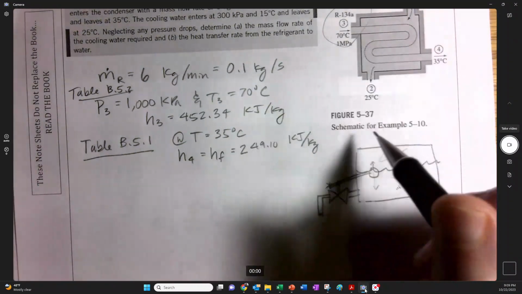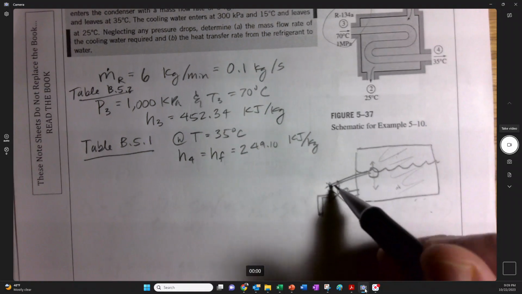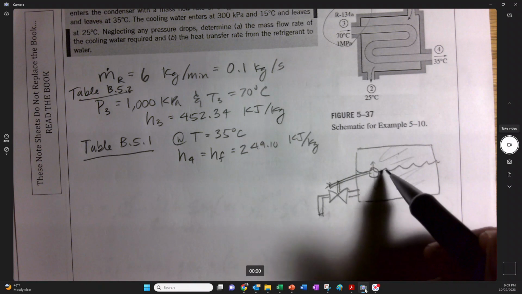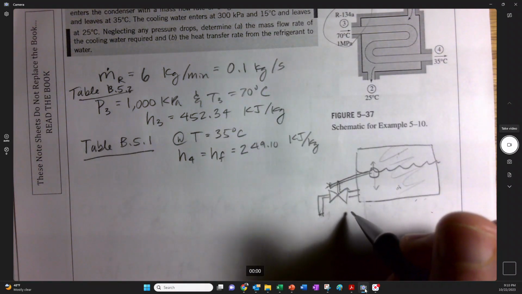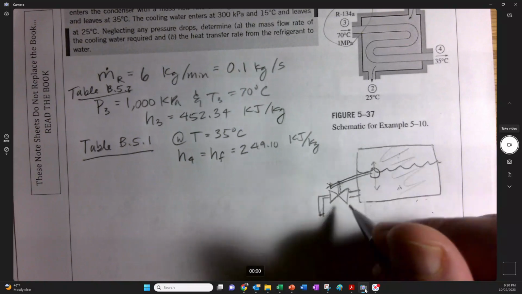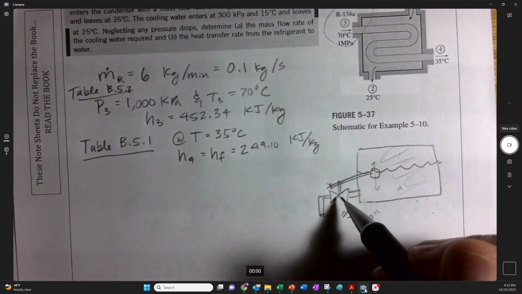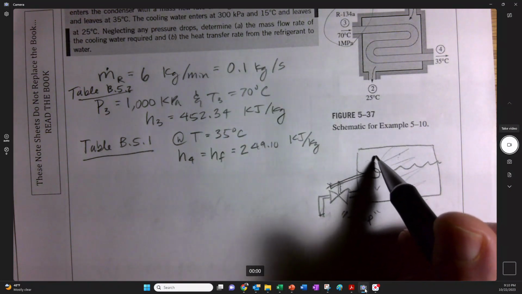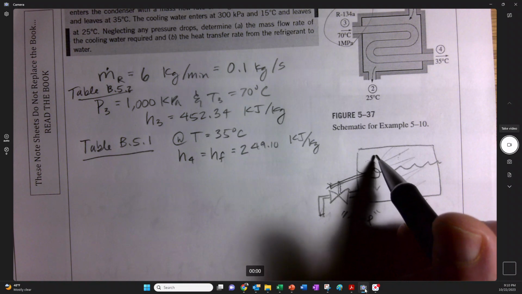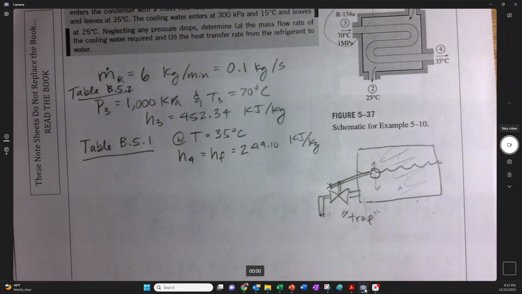There are lots and lots of contraptions of various sorts, but they all have sort of the same idea. Sometimes this is called a trap. It's trapping the gas from just blowing right out through here, in which case no heat exchange would take place.